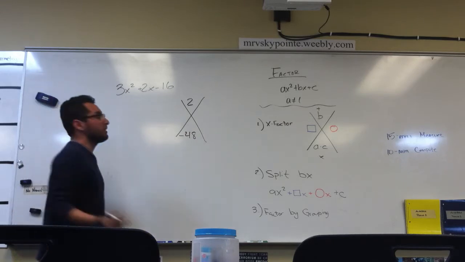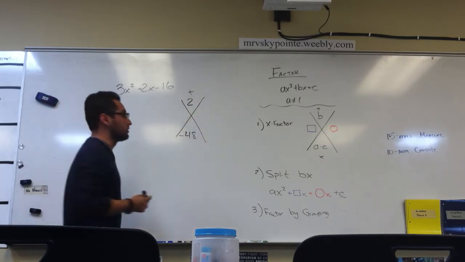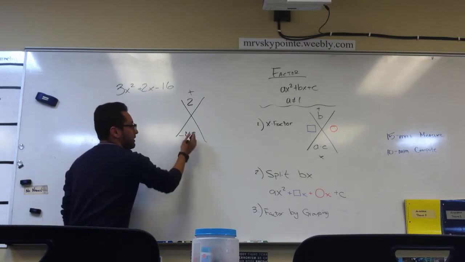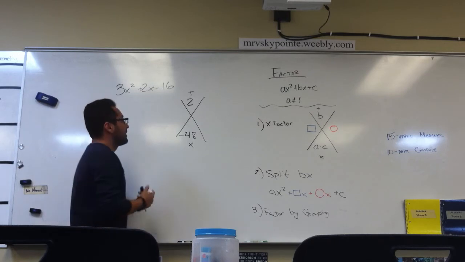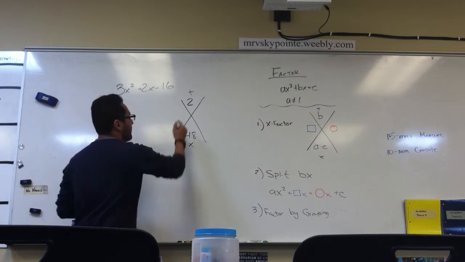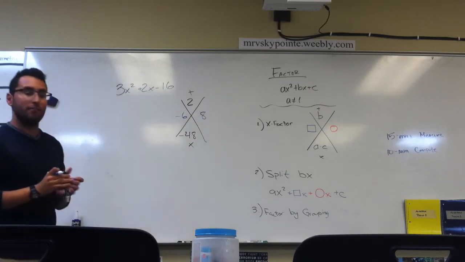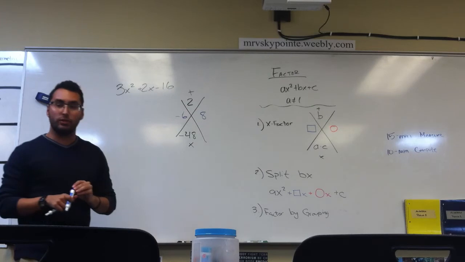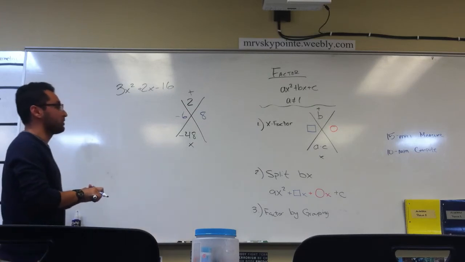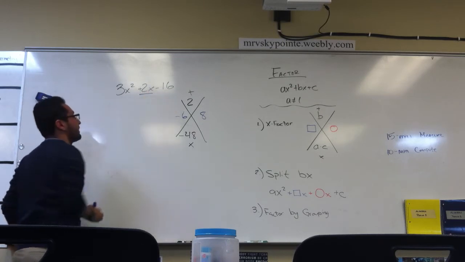Okay, so what I'm thinking of is which two numbers do I add, or in this case it may be subtract, and multiply to get negative 48? Those numbers turn out to be negative 6 and positive 8. If I add these two, it's a positive 2. If I multiply them, it's a negative 48. So we move on to step 2, which is to split this positive 2x.